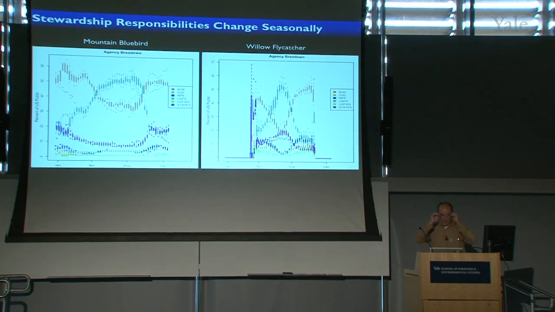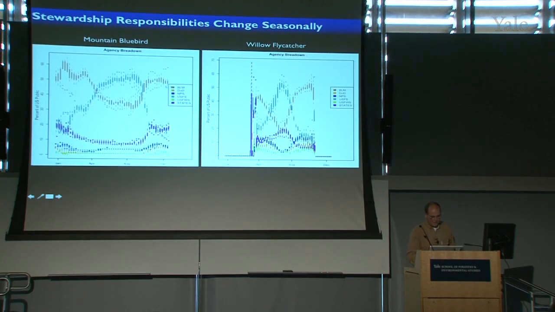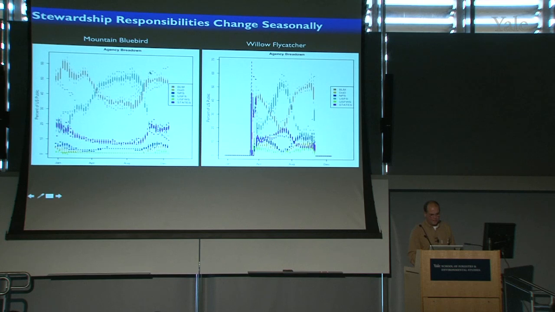So in both of these maps, or graphs, you can see that during the breeding season, in the center part, the highest proportion of both mountain bluebirds or willow flycatchers during the breeding season are found on U.S. Forest Service lands.